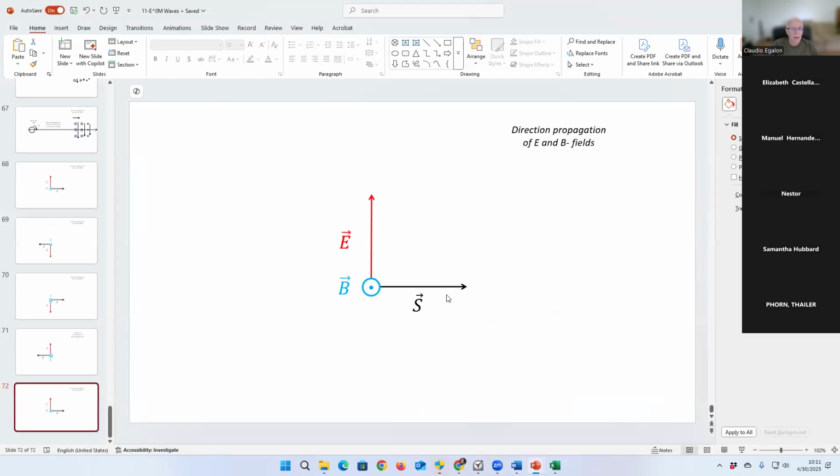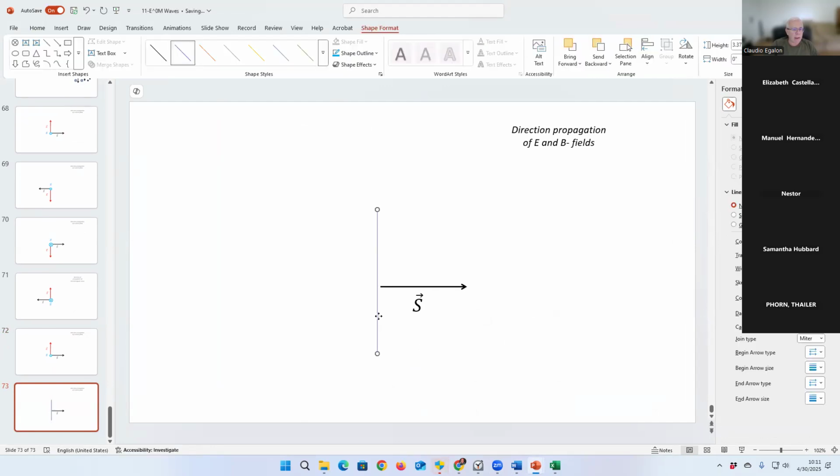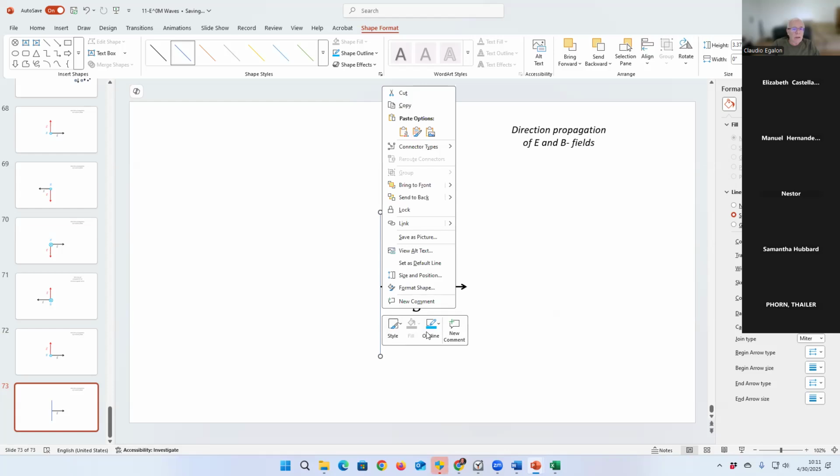Going back here, because in geometrical optics, instead of continuing to draw those vectors, we simplify the drawing of propagation of the electromagnetic wave, just like we represented the propagation of regular waves. We represent it by a straight line representing the front of the wave. So here you go.